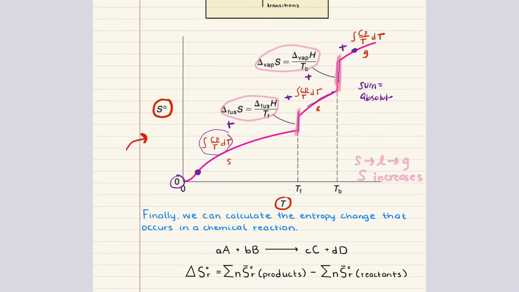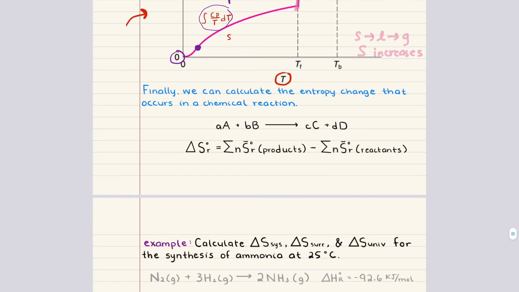Finally, once we know absolute entropies for substances, we can evaluate entropy changes for chemical reactions directly from tabulated values. So for a reaction written as a moles of reactant A plus b moles of reactant B gives us c moles of product C plus d moles of product D, the standard reaction entropy change at the tabulated temperature is going to be equal to the following expression.